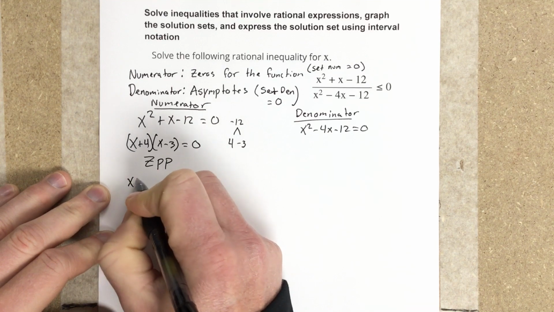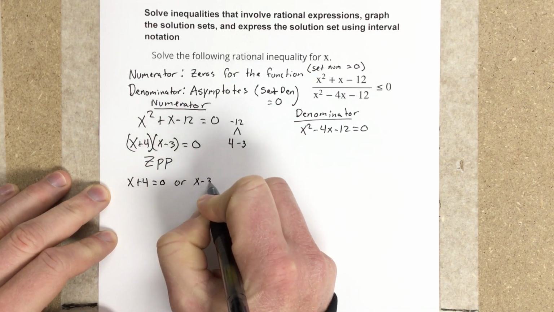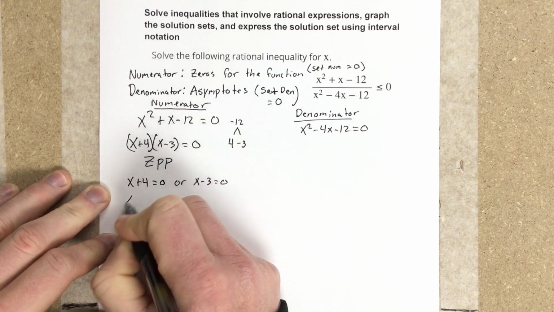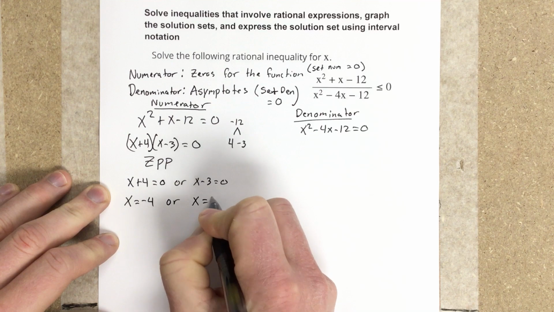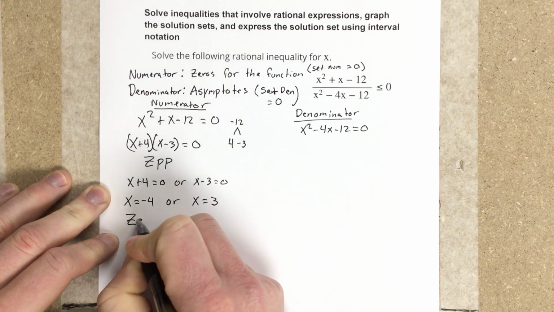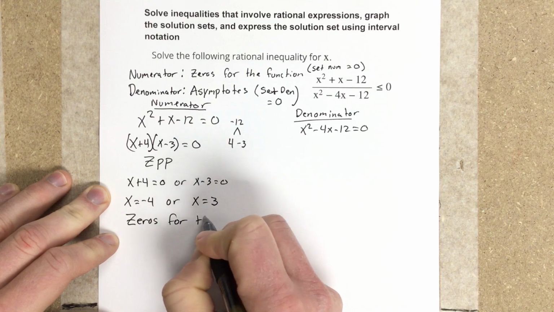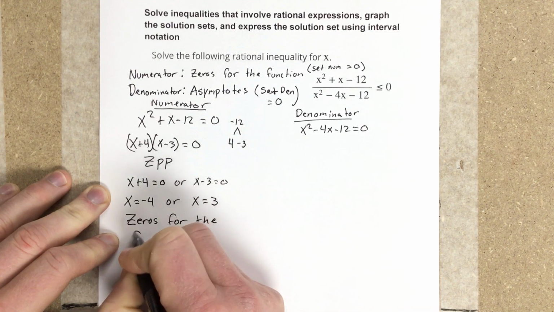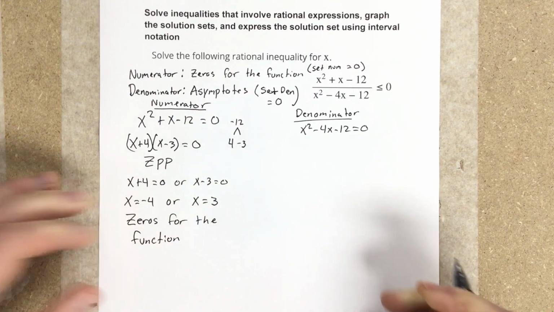So we get x plus 4 equals 0, or x minus 3 equals 0. So x is equal to negative 4, or x is equal to 3, and these are the zeros for the function.